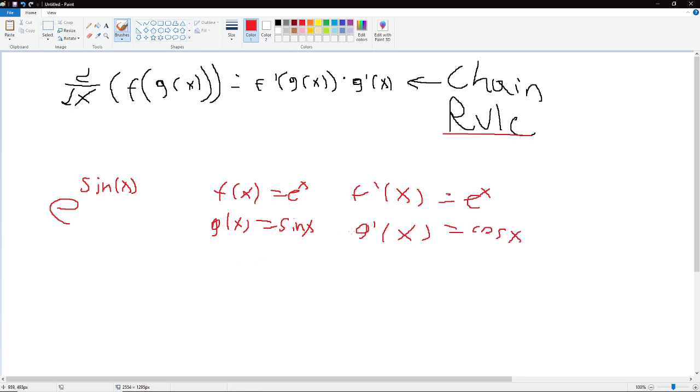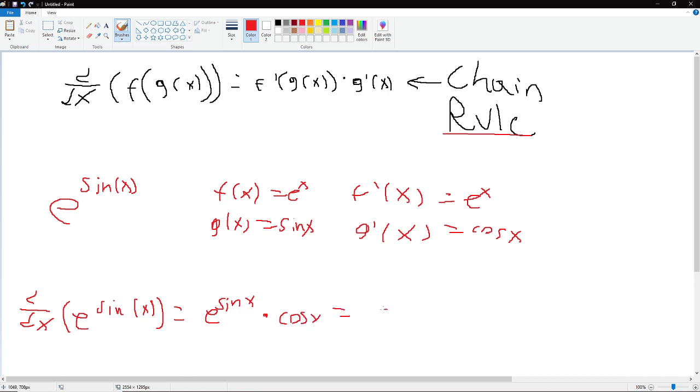So what we can do here is we can see that the derivative of this is going to be equal to f prime of g of x, so that's just our original function, multiplied by the derivative of this g of x function, multiplied by cosine x.